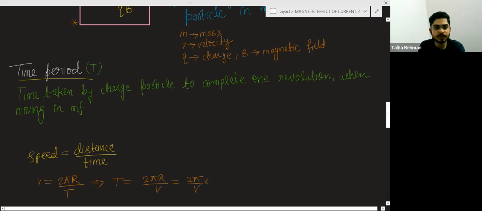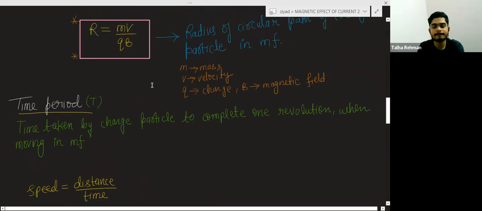Instead of r you can put the value mv by qB.